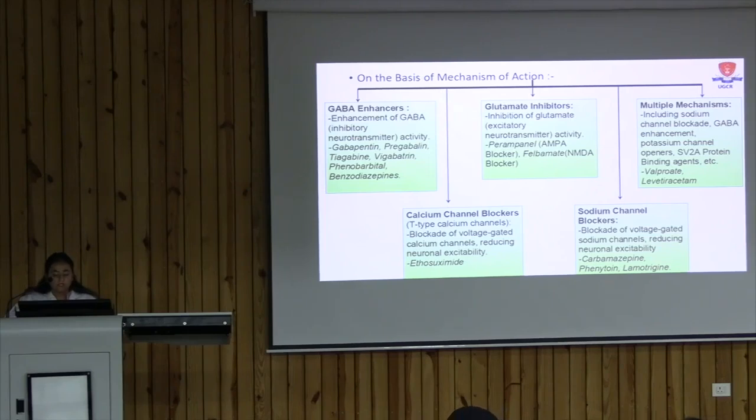Drugs like carbamazepine, phenytoin, and lamotrigine are sodium channel blockers. Drugs acting through multiple mechanisms act as sodium channel blockers, GABA enhancers, potassium channel openers, synaptic vesicle protein 2A binding agents, etc. Valproate and levetiracetam are examples of drugs acting through multiple mechanisms.